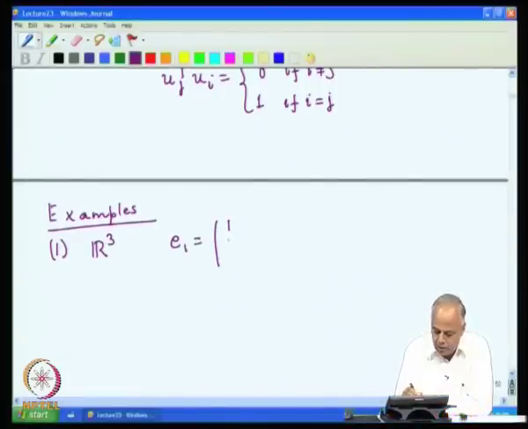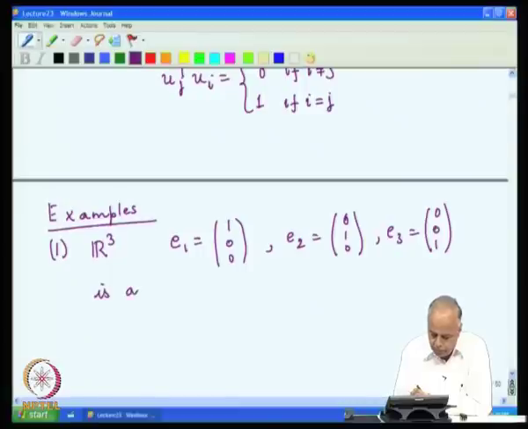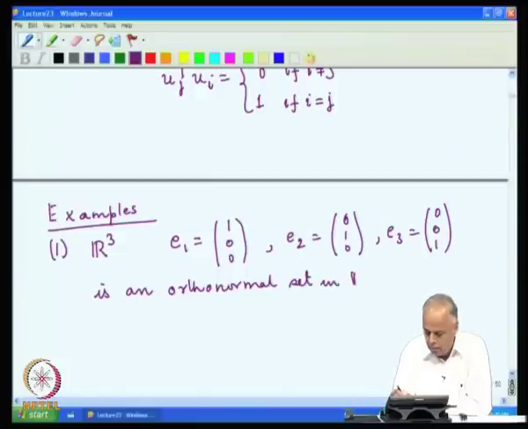In our vector space notation, we will denote the i vector as e_1 = (1, 0, 0), the j vector as e_2 = (0, 1, 0), and e_3 = (0, 0, 1). This is an orthonormal set in R^3.